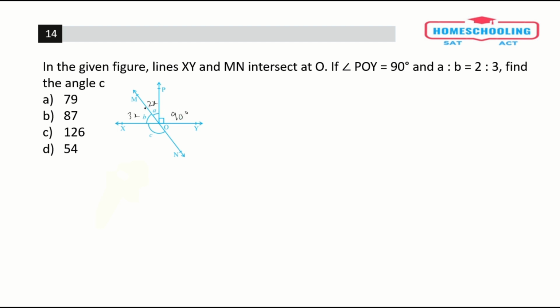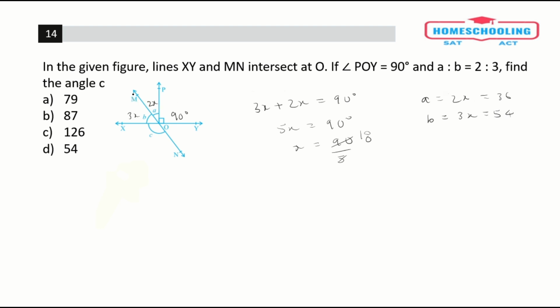Already 90 degrees is there, so 3x plus 2x is equal to 90 degrees. So 5x is equal to 90, hence x is equal to 90 by 5, which is 18. So angle A would be 2x, that is 2 into 18, 36, and angle B would be 3x, 3 times 18, which is 54.